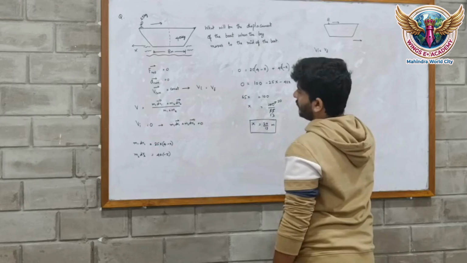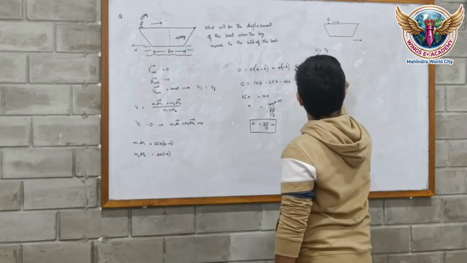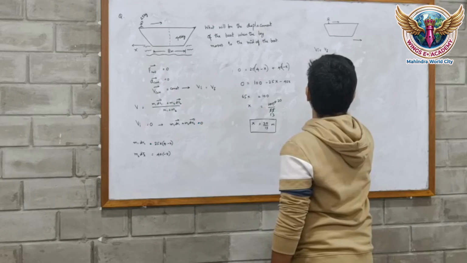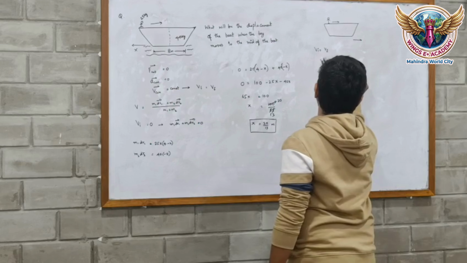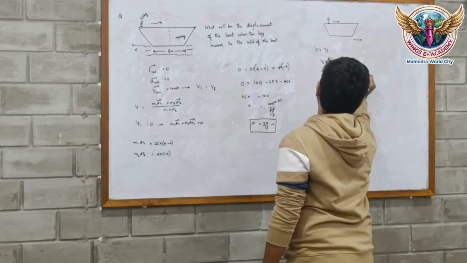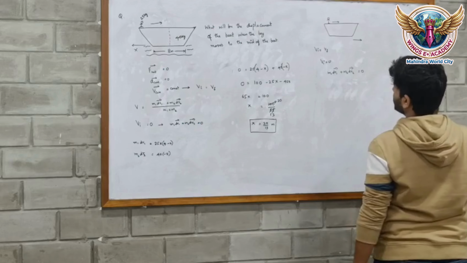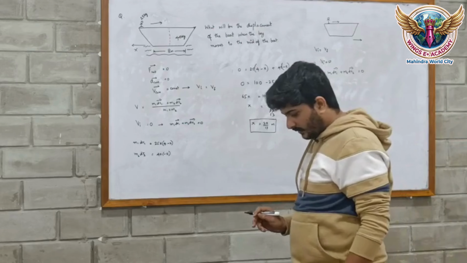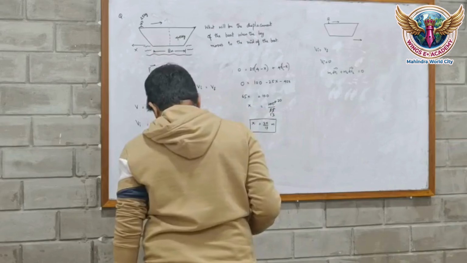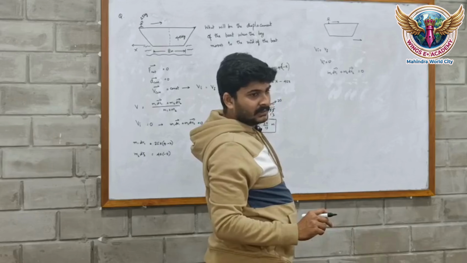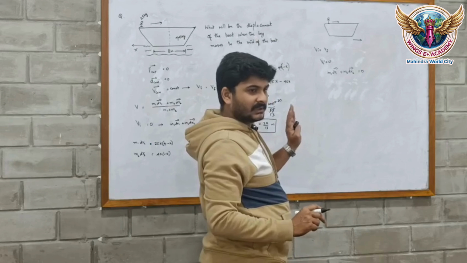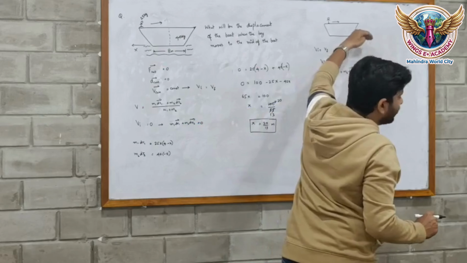So I will write m1 dr1 vector plus m2 dr2 is equal to 0. The change in velocity is 0, right? Am I right or wrong? It is not in motion. It is at rest as per the ground.